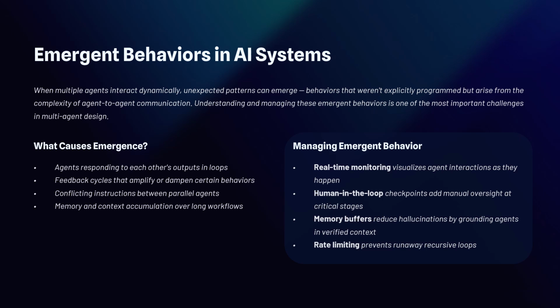While this can sometimes produce creative and intelligent results, it can also lead to errors or unstable workflows. That is why modern AI systems use real time monitoring, human oversight checkpoints, memory controls, and rate limiting to keep agent behavior stable, reliable, and aligned with the intended workflow objectives.